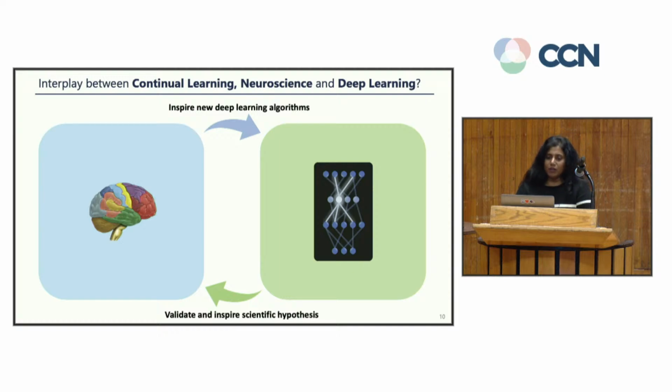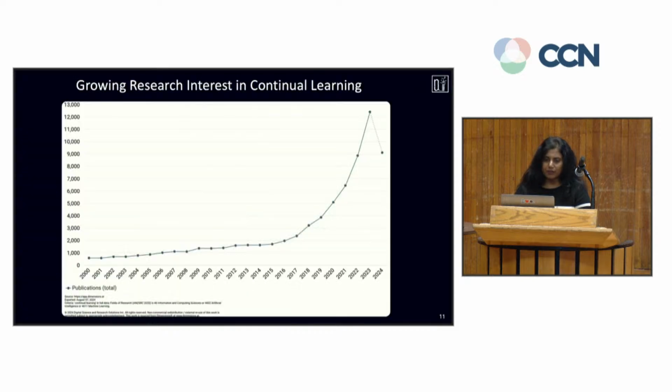So you can think of this as neuroscience inspiring new types of deep learning algorithms, and these algorithms help perhaps validate or inspire new scientific hypotheses that would benefit the neuroscience researchers.